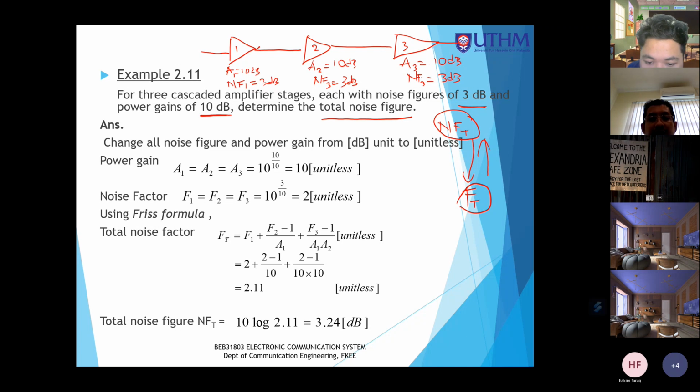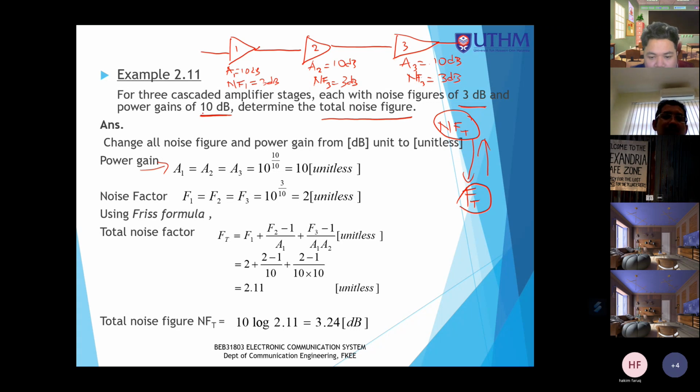Okay. So untuk mengira Friis equations, kita perlu tahu dalam sebutan F dan juga A dalam sebutan unitless. Sedangkan kita diberikan dalam sebutan decibel. So that means we need to change the gains and also the noise figure to become the F values. So kalau you lihat yang pertama, A1 sama dengan A2 sama dengan A3. So kalau kita nak buat dalam sebutan unitless, kita kena buat anti-log. Okay.